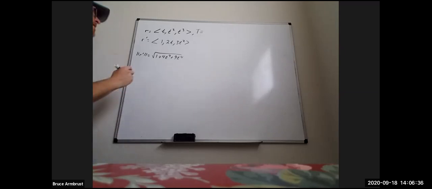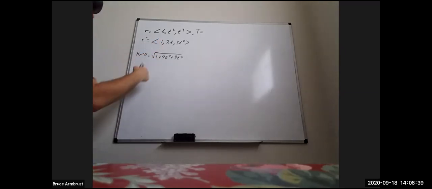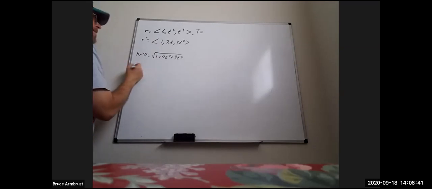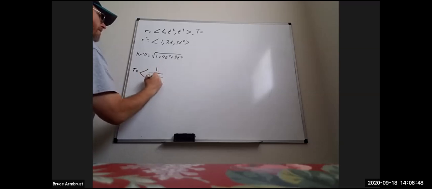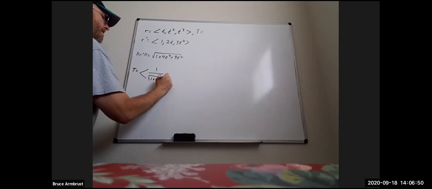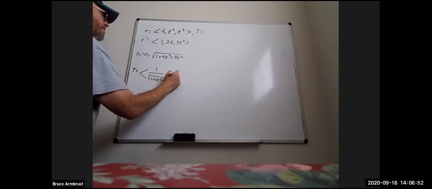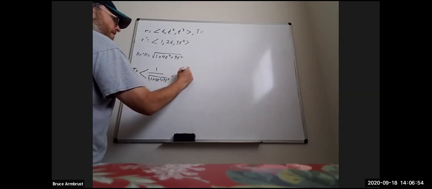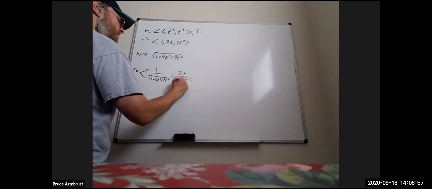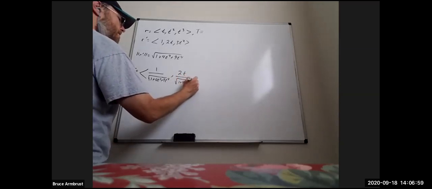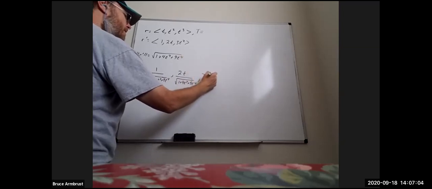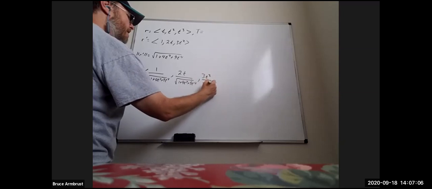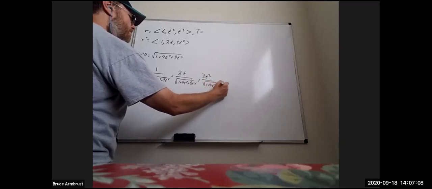So in order to get T, I just have to take r prime and divide by that magnitude. So T equals 1 over the square root of 1 plus 4t squared plus 9t to the fourth. That's the x component. The y component is 2t over that same square root. And then the z component is 3t squared divided by that same thing.